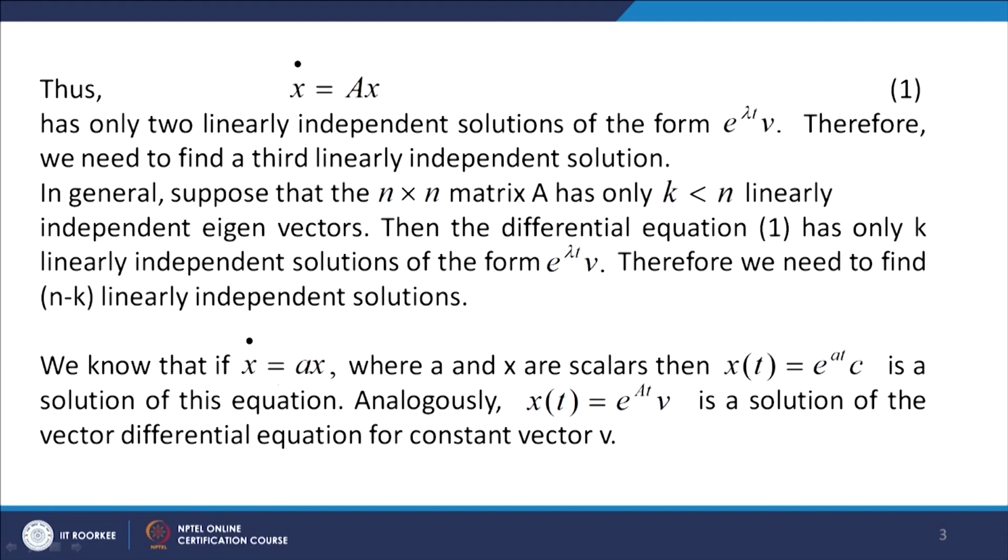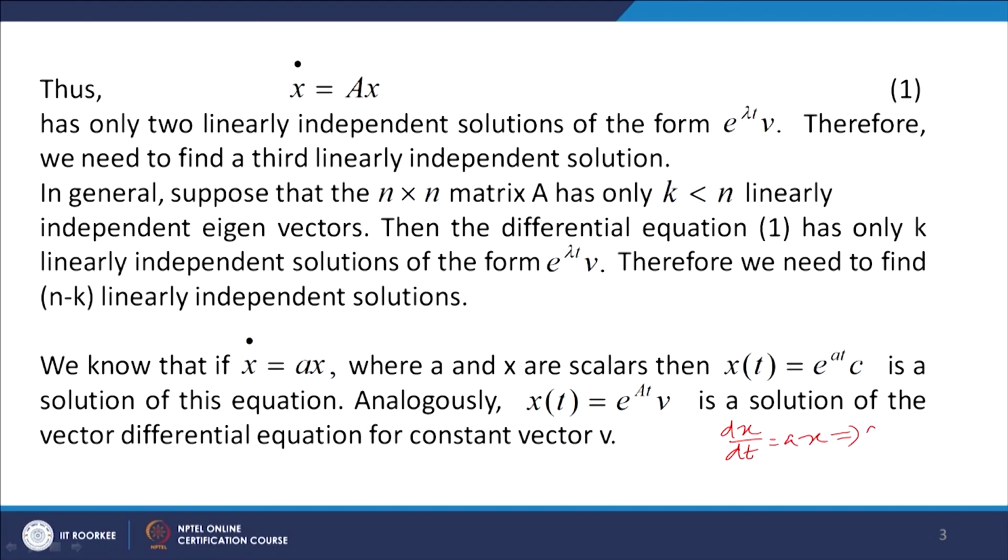Now, we know that if you take the scalar first order differential equation x dot equal to ax, where a and x are scalars, then x(t) equal to c times e to the power at is a solution of this equation, that you can see easily. You have dx by dt equal to ax.